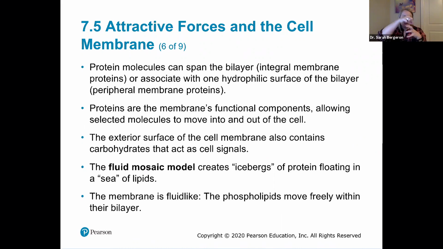They can drift around inside of the phospholipid bilayer and they can move. So they call it the sea of lipids, and then you have these icebergs of proteins and carbohydrates that can move around. So the lipids are actually free to rearrange themselves. They have to stay in this conformation, but they can move left to right and front and back. They can't move up and down, but they can move in 2 dimensions.